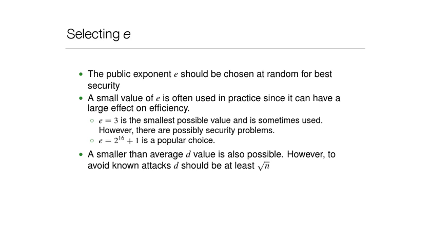We know that E equals 3 is the smallest possible value and is sometimes used. However, there are possibly security problems. Therefore, the popular choice is E equals 2 to the power 16 plus 1. That is the possible choice.